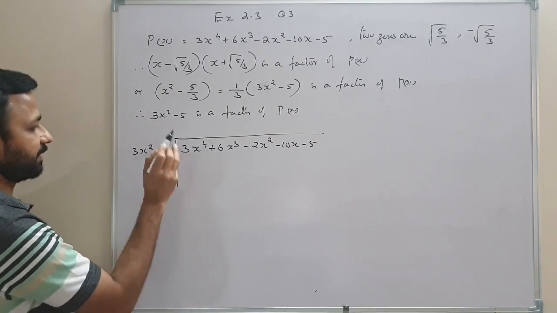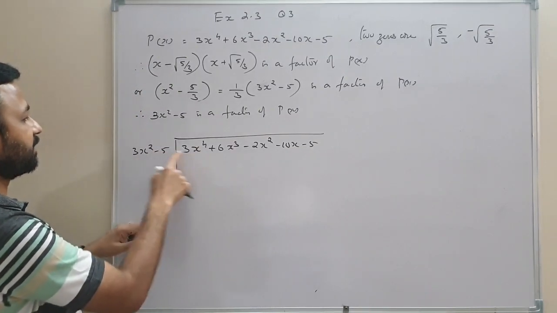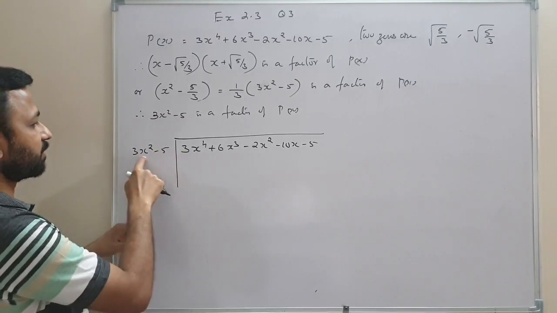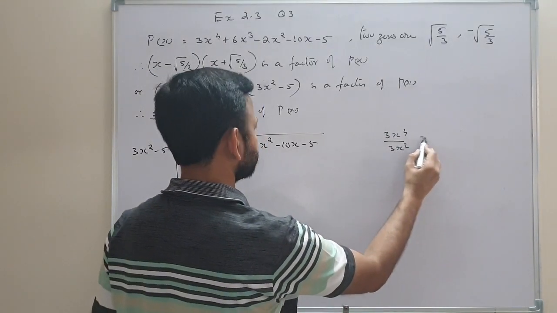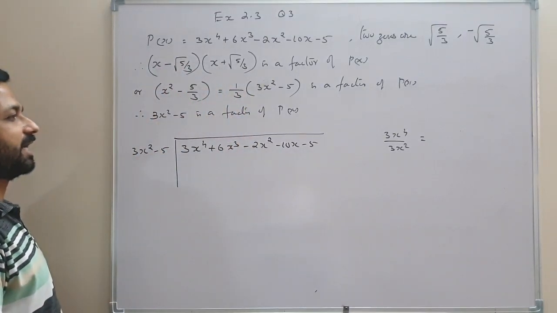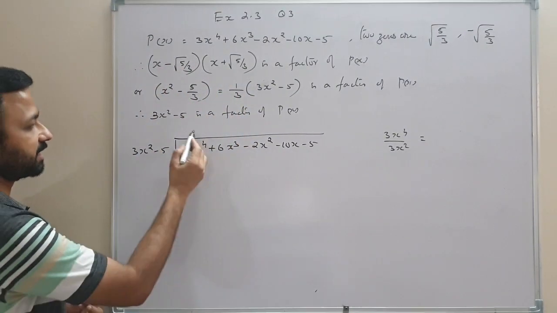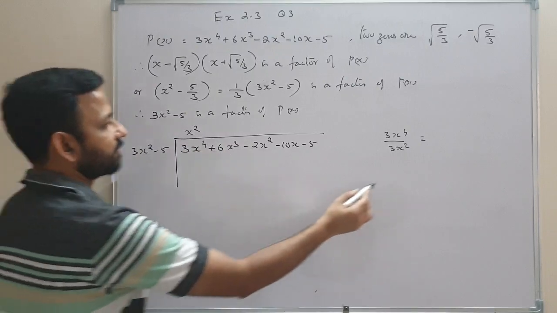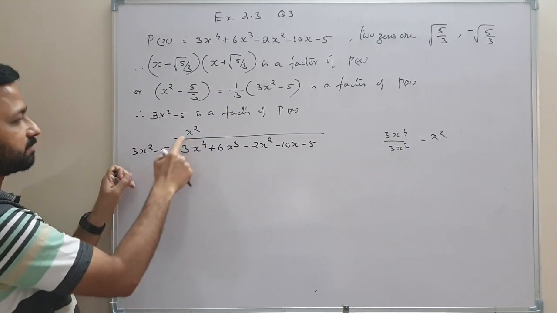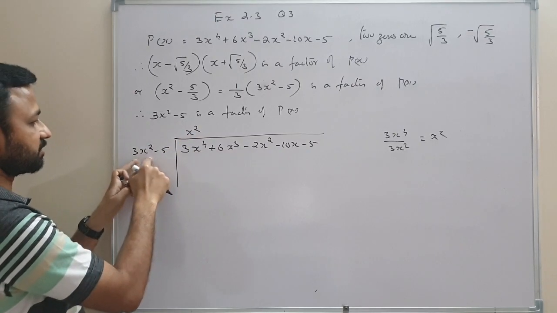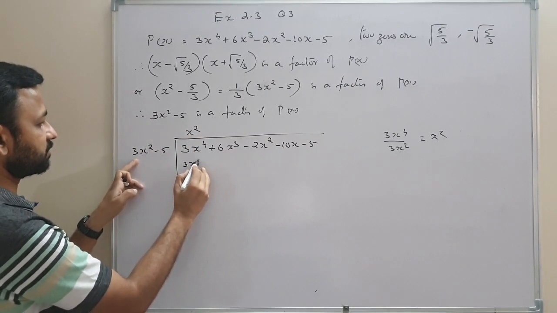First term divided by first term. 3x raised to 4 upon 3x square. 3 and 3 cancelled. X raised to 4 upon x square, that is x square. Then we multiply both the terms by x square. X square into 3x square, that is 3x raised to 4.